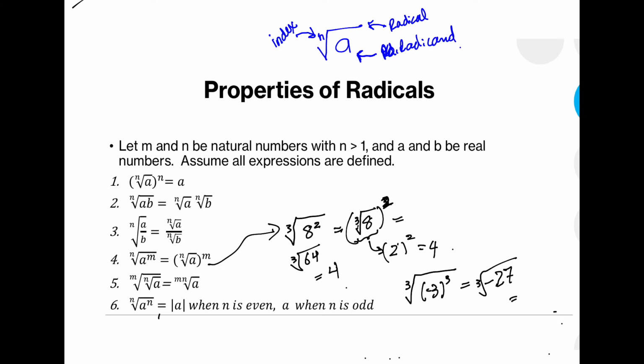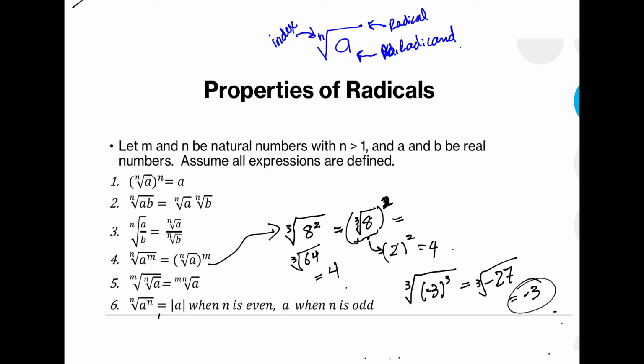And then you'd think sometimes that this is not allowed, but the cube root of negative 27 is, what number times itself 3 times results in negative 27, and that answer is negative 3. And that's fine. That's true. That's good. So you can see that it was just a.